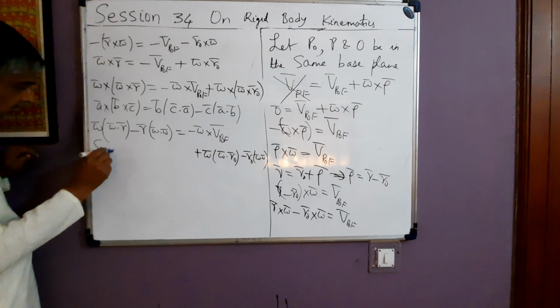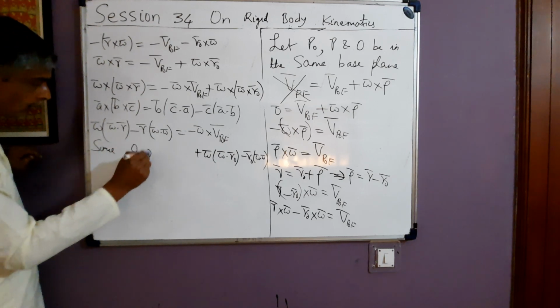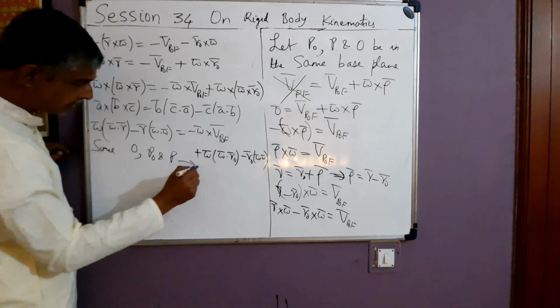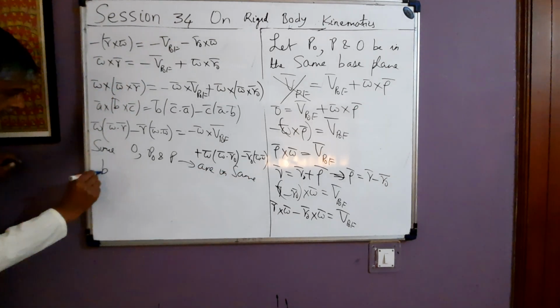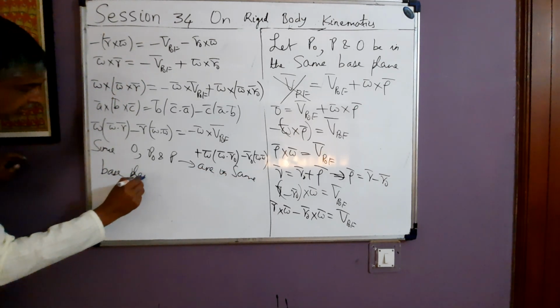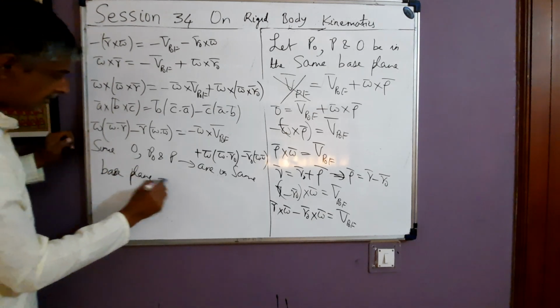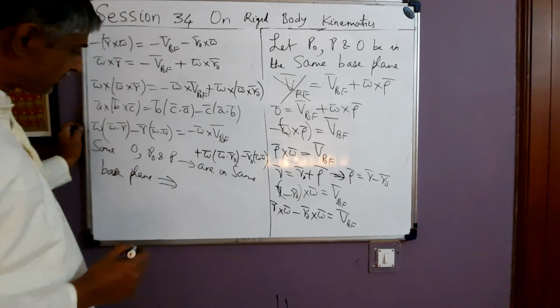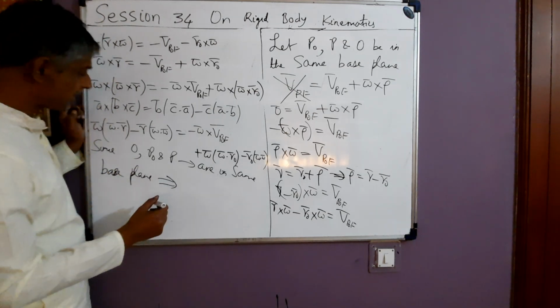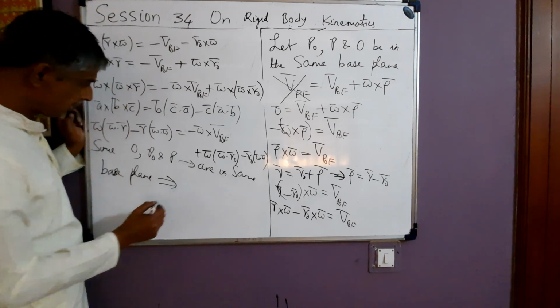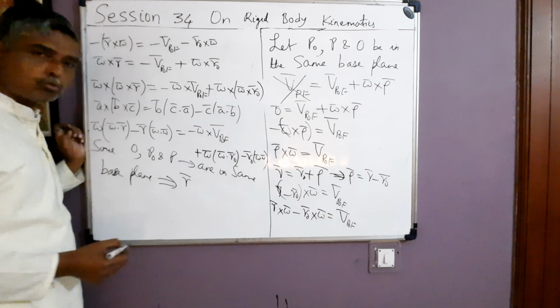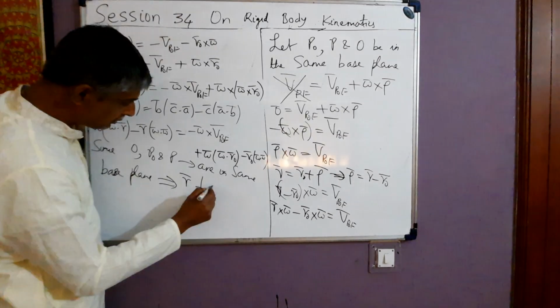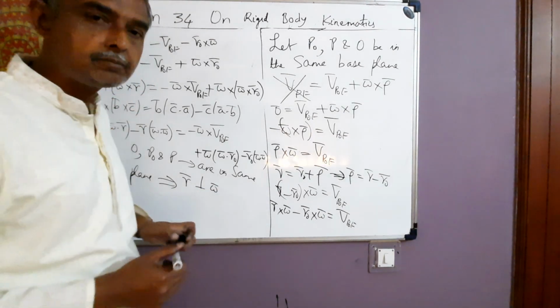Since by assumption O, P naught and P are in the same base plane, this implies that vector R, which is a vector from O to P, is normal to omega. This is a property of plane motion.